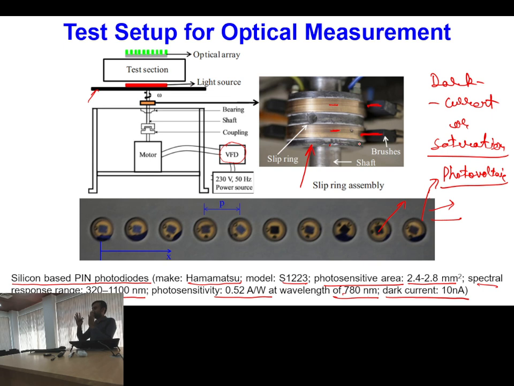These contact brushes are stationary and give power to these two terminals, which are then internally connected to the platform, so it can transfer the electricity to this rotating platform.